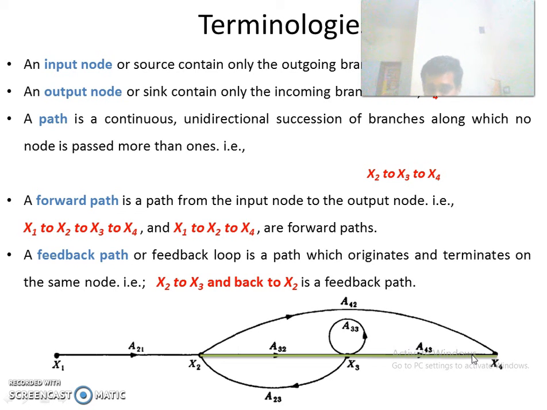The signal has to flow in one direction, and the important thing is it should not cross a node more than once. This is the first forward path, x1, x2, x3, x4. Second forward path is x1, x2, x4.